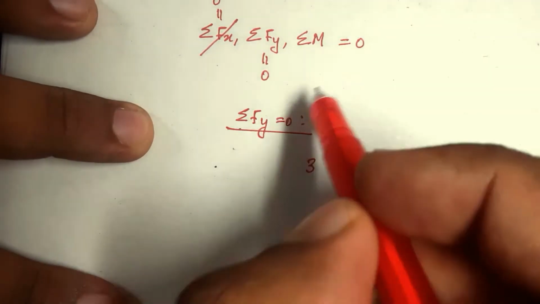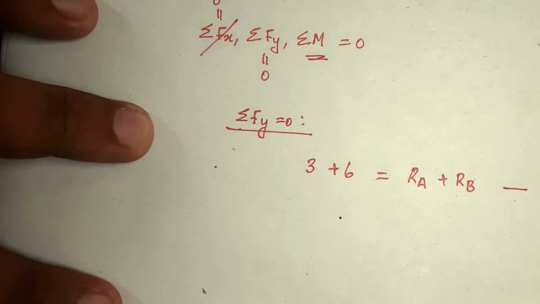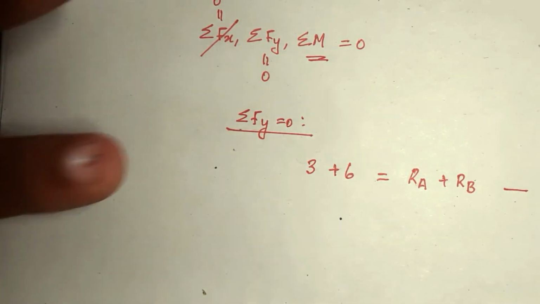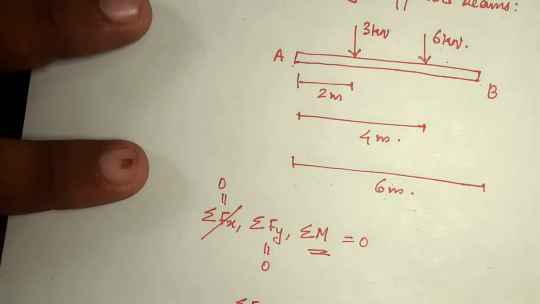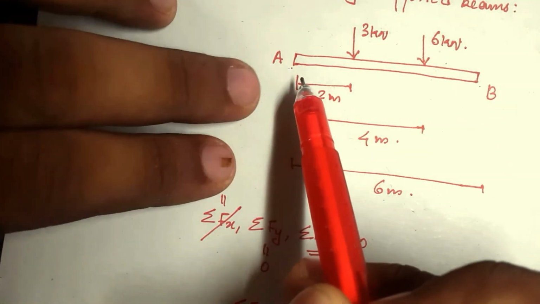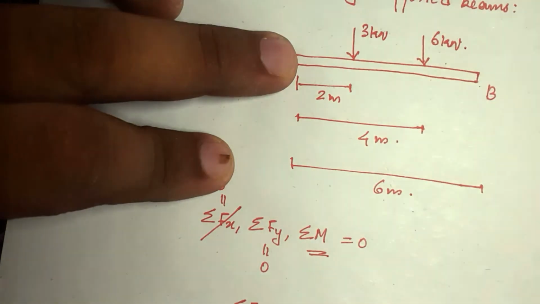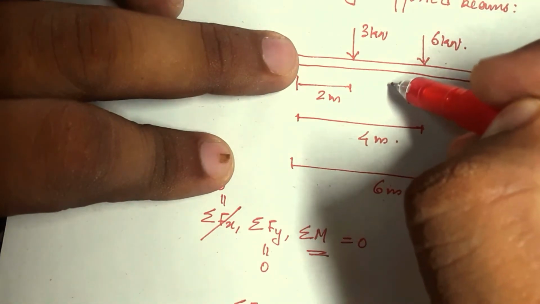Now another equation that we have is sigma M equal to 0, right? So moment about any point in the system should be equal to 0. Now we will take it about A. That means the moment created by these two forces, how will it be acting? It will be acting like this, right?